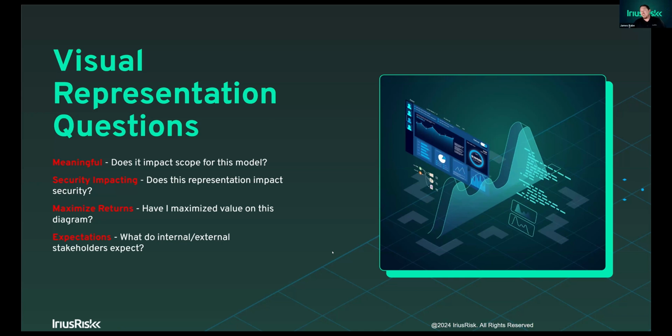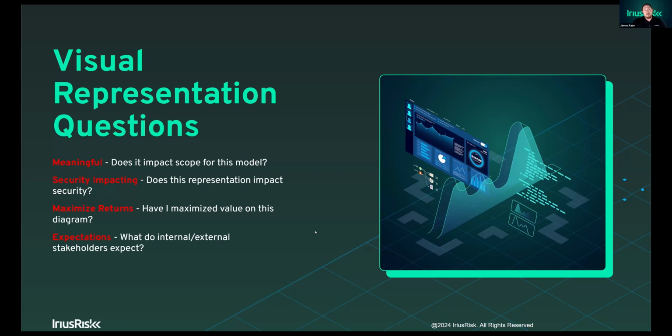Most of the time it might get a little bit more accurate, but we're not getting the full value in that 10 to 20 hour mark. The diagram that I'm going to show you today, I actually did this morning, and it took me about an hour and a half, about 90 minutes to complete from start to finish. So I'll show you what you can do and how I did it in a relatively quick amount of time.